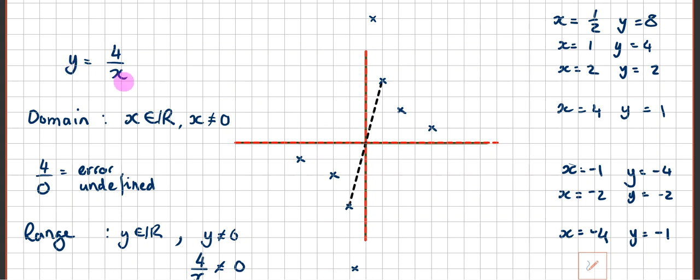People think division always makes things smaller than 4, but that's not the case. If x is a fraction itself, the number will be greater than 4 and it will just keep going up. I can get infinitely close to 0, and therefore the amount will get infinitely big. And it's the same in the other direction. If I make x really, really big, so let's do x equals 50, what would y be?